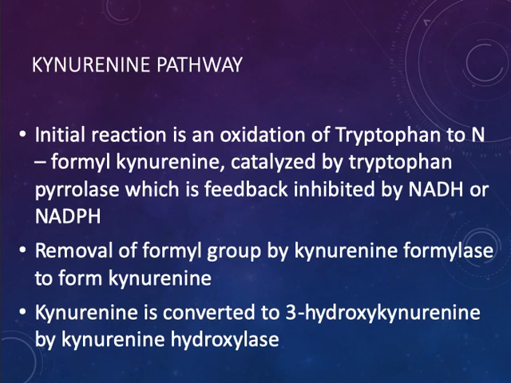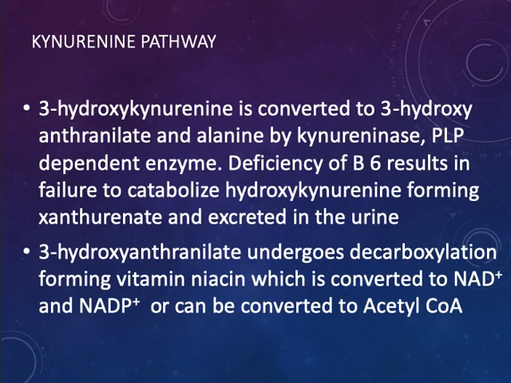Further the kynurenine gets converted to 3-hydroxykynurenine by kynurenine hydroxylase enzyme. Then the 3-hydroxykynurenine gets converted to 3-hydroxyanthranilate and alanine by kynurenase enzyme, and this alanine enters into the glucogenic pathway.